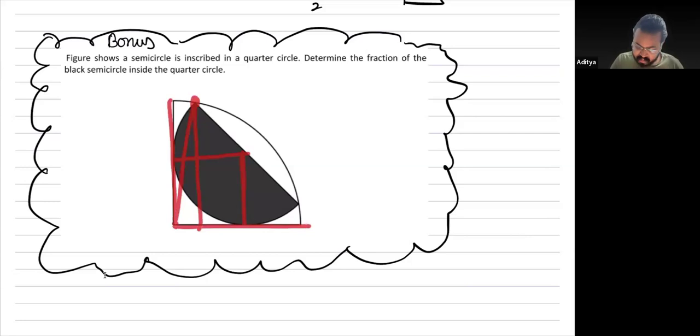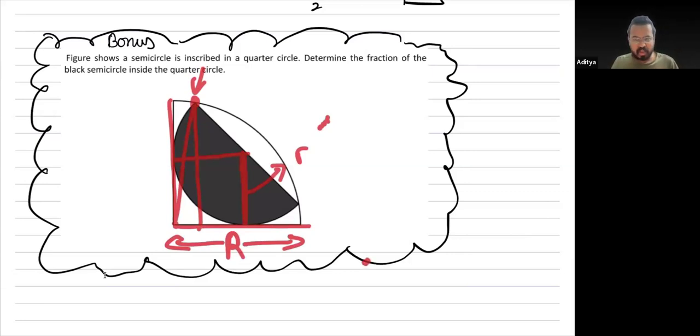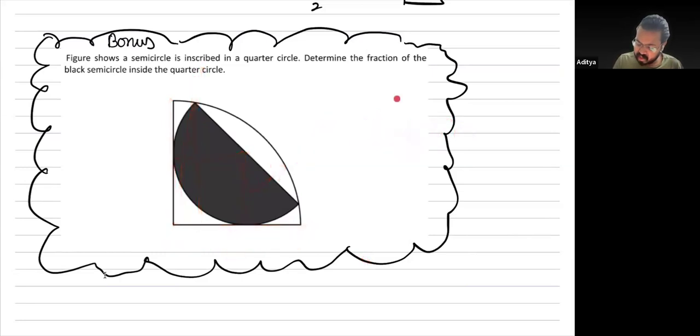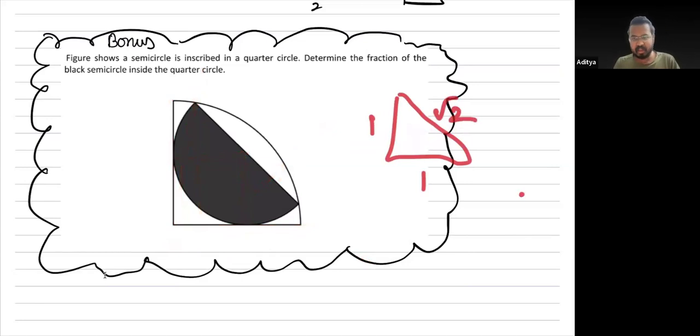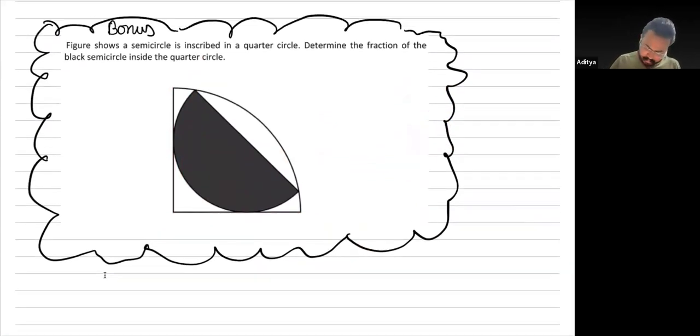Basically, you have to use wherever possible any line segments you are getting, they are equal to the radii of either the quarter circle or the radii of the semicircle. Like this is the small r, this is capital R. Based on that, you get lots of relations. Here you'll have to use some tiny amount of trigonometry, basically sine 45. Apart from that, nothing else is required. Or you can just use the fact that in an isosceles right triangle, the ratio of sides is 1:1:root 2. That is the maximum that is required. Nothing else. Okay.